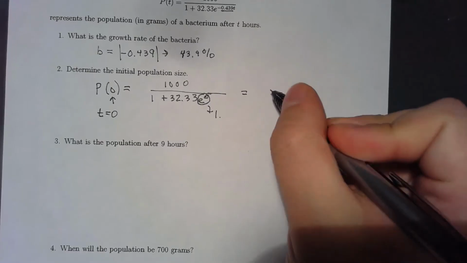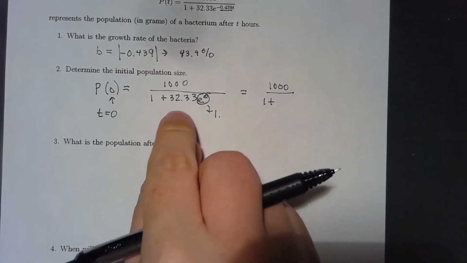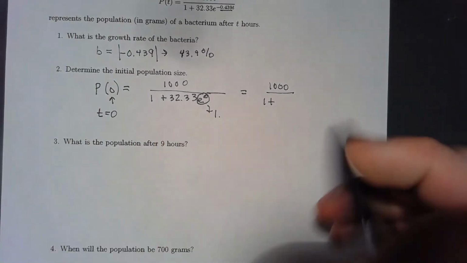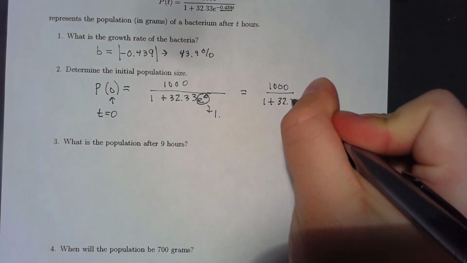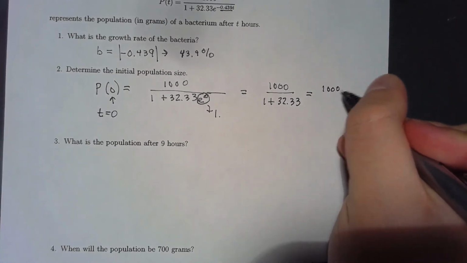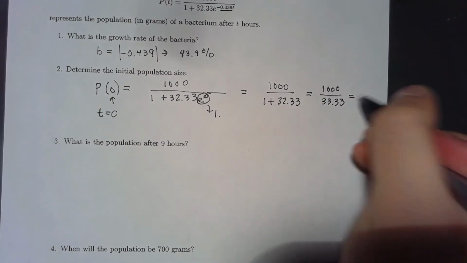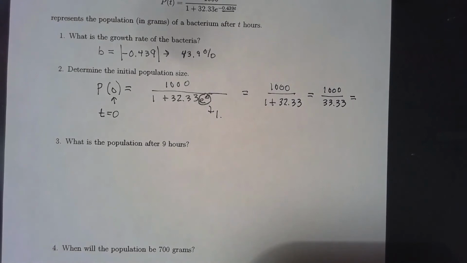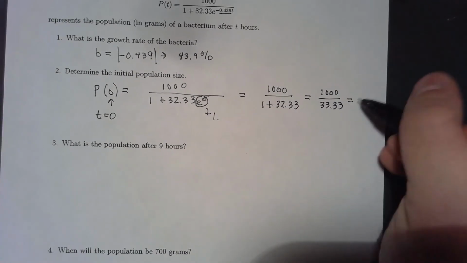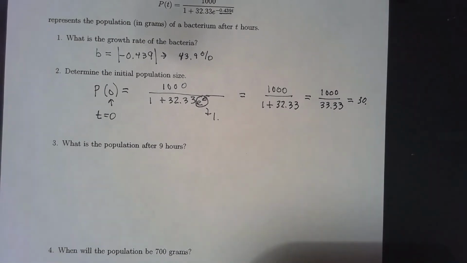So I have 1,000 over 1 plus 32.33 times 1, which is 32.33. So that's going to be 1,000 over 33.33, which is 30.003.